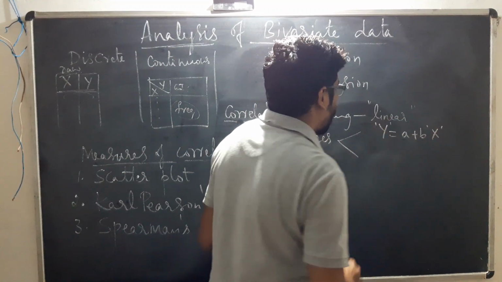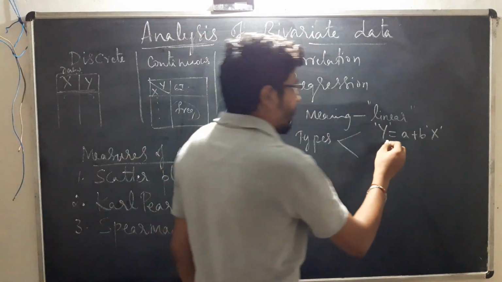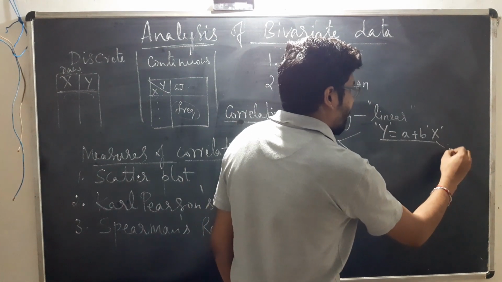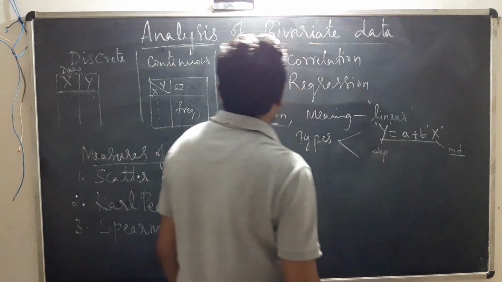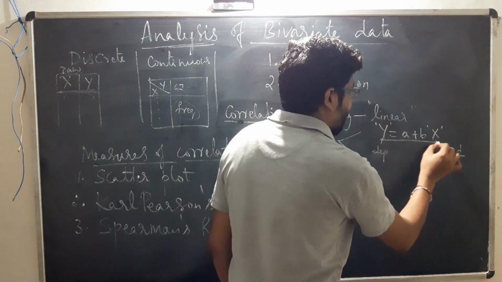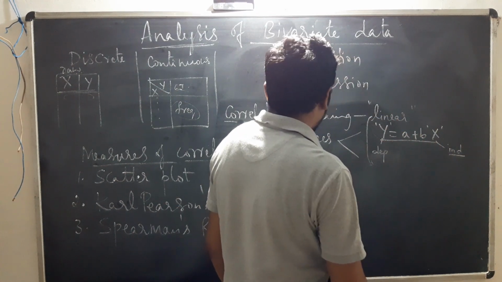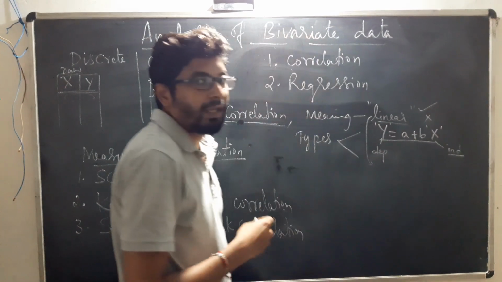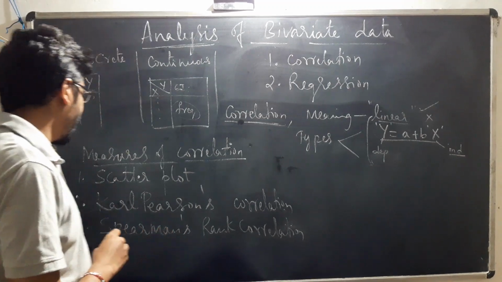So if you have y is equal to a plus b into x, then we say x and y are linearly related. In this case, x is said to be the independent variable and y the dependent variable. In correlation analysis, we are not interested in the actual relationship, but only in telling whether a linear relationship exists or not, and if so, what is the degree of the relationship. That's what we discuss here.